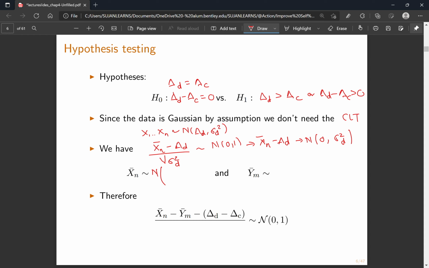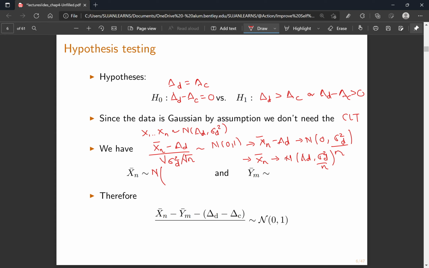In the same way, we divide by the square root of n on both sides. And next step, we will add delta D on both sides, which will give us delta D, and this is what we need.